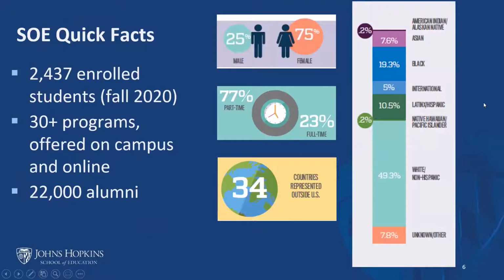For school enrollment, we have approximately 2,465 students and offer more than 30 graduate programs, which include doctoral, master's, and graduate certificate programs. And we have a strong network of over 22,000 School of Education alums.